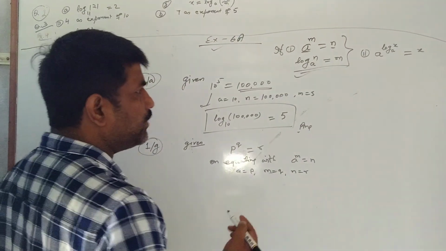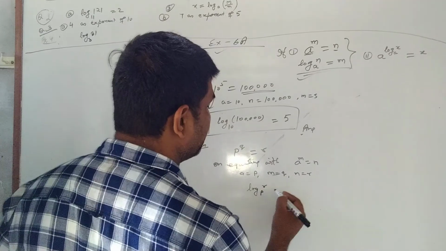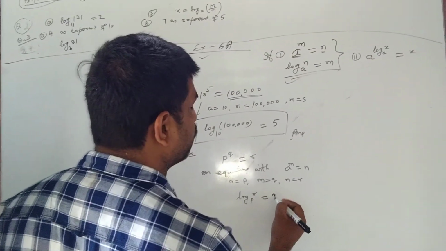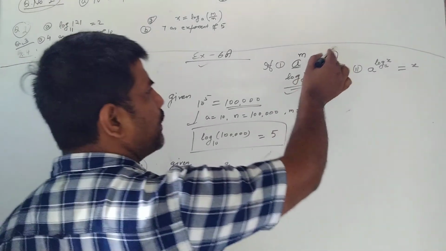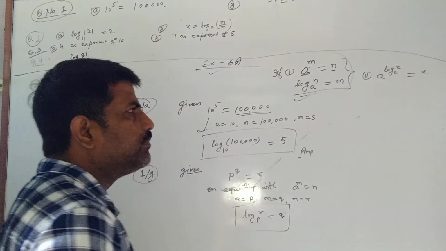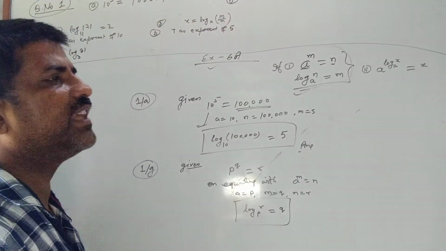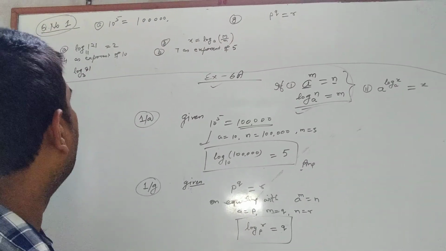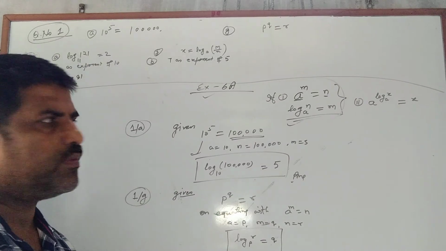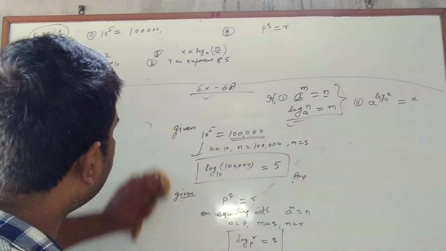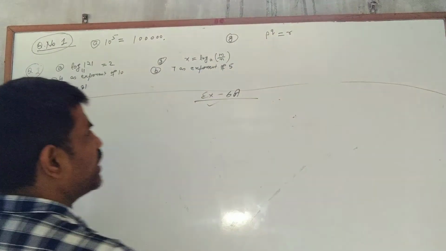Then log n base a, that is log r base p, equals q. So in the first question we have to do nothing but apply the definition of the logarithm. By the definition, if any expression is given in exponential form, we change it into logarithmic form. In the next question we have to do just the opposite: the expressions will be given in logarithmic form, and we shall change them into exponential form. So now we shall see the second question.